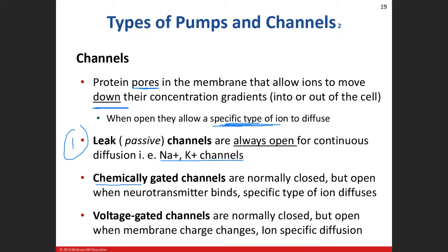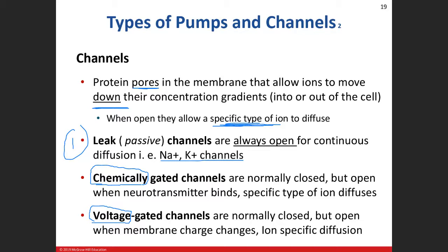Chemically, pay attention to this. Chemically gated channels. The first name here tells you that you need some sort of chemical to affect this channel. If we see voltage gated channels, then we need a change in the charge. Something that has to do with an electrical charge is going to affect this channel.